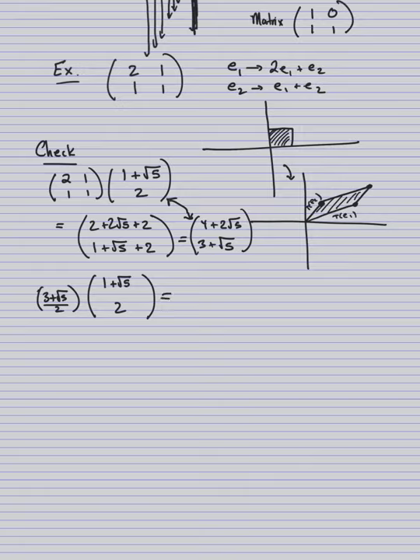I can be a magician at some points. Then you can check just by multiplying the scalars that you get exactly 4 plus 2 square roots of 5, 3 plus square root of 5.